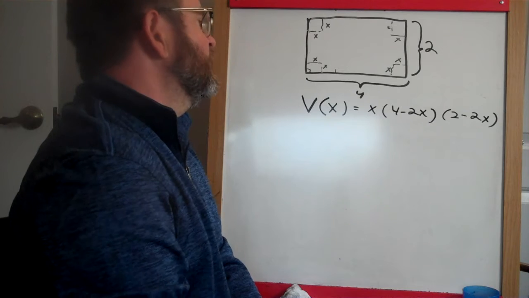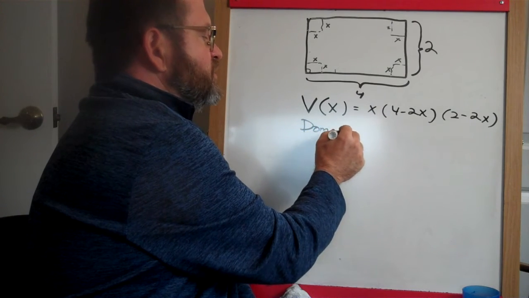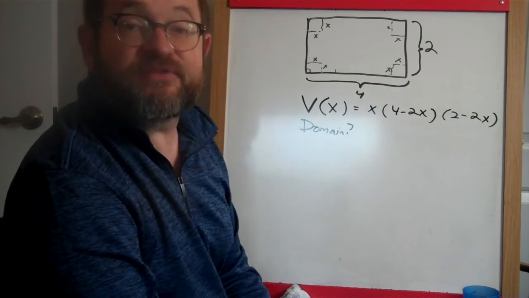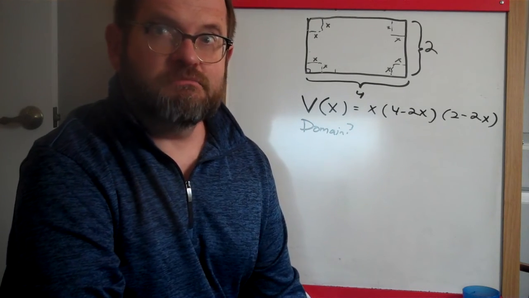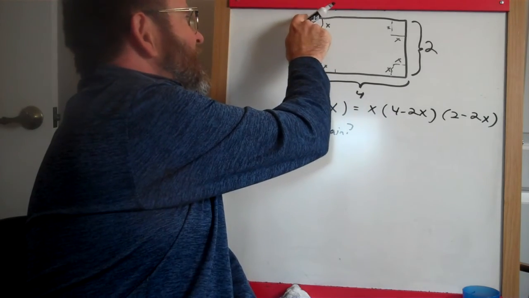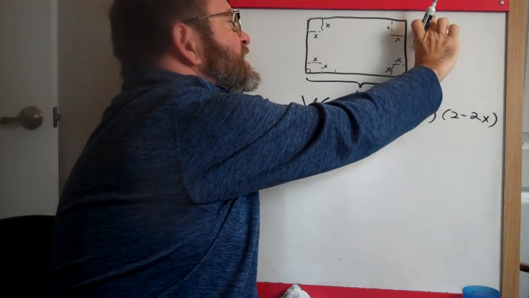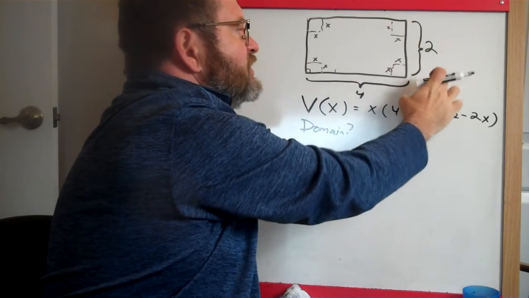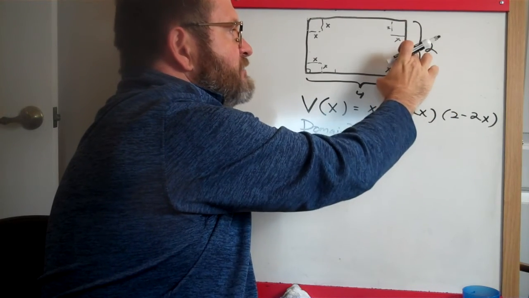The next thing we need to figure out for this function is what its domain is. What do we care about for this function as far as what answers of x we would find acceptable? Well, x can't be smaller than 0. That doesn't make any sense, right? We can't cut off a negative amount of the box. And for that matter, if you think about this direction on the box, the cardboard's only 2 meters wide. We can't cut off a meter over here and then cut off a meter over here.